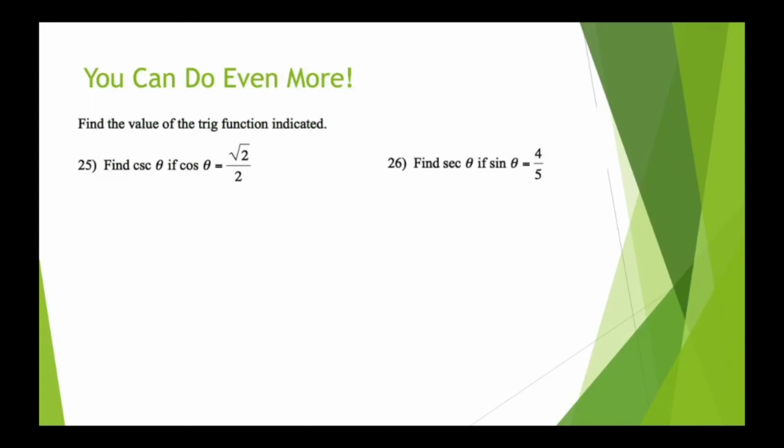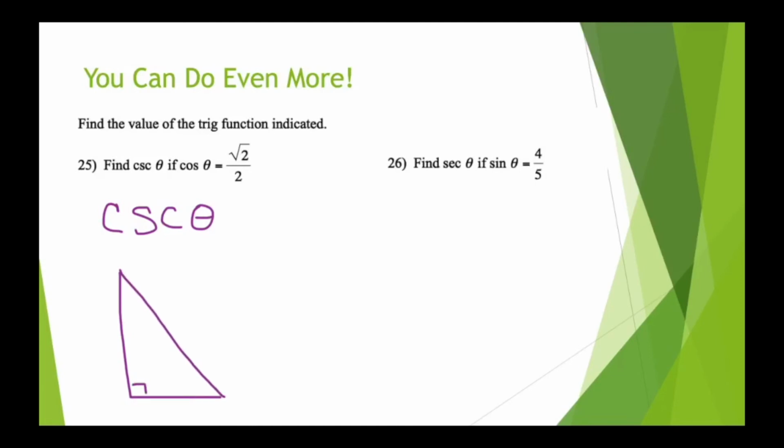We're going to do numbers 25 and 26. This time they did not give you a triangle, so we're going to make one. The instructions say to find a value of the trig function indicated. You're looking for the cosecant theta, but they tell you what cosine equals. So let's draw our triangle.